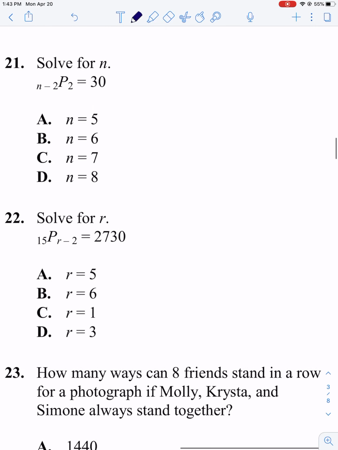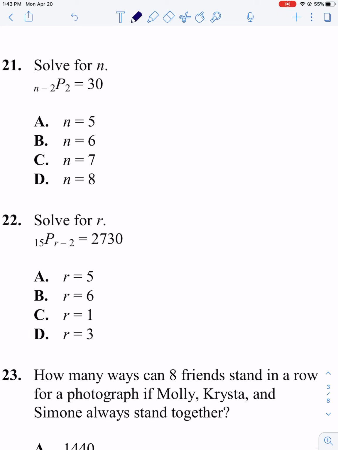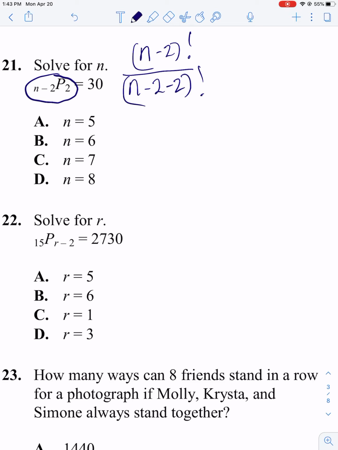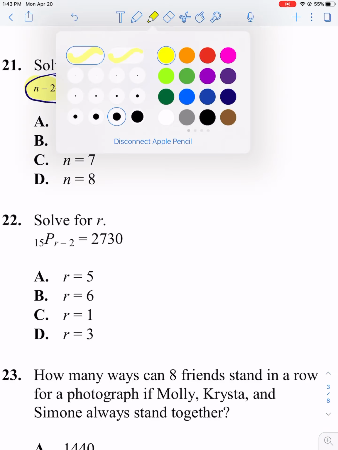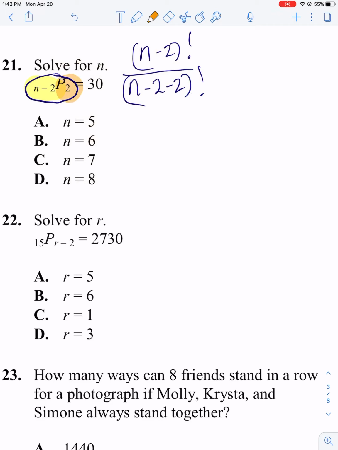21, we get to use our algebra. So we have n minus 2 p2 equals 30. So it looks kind of complicated, but what we have to do is write this in its expanded form. So remember that if it's this p2, it is n minus 2 factorial over n minus 2 minus 2 factorial. So the bottom is always this minus this. So that's how come I have n minus 2 minus 2.